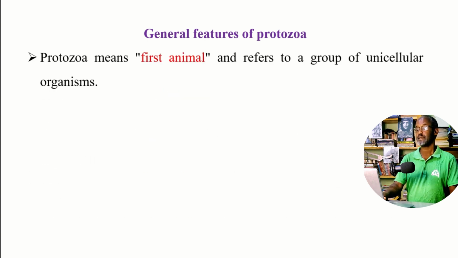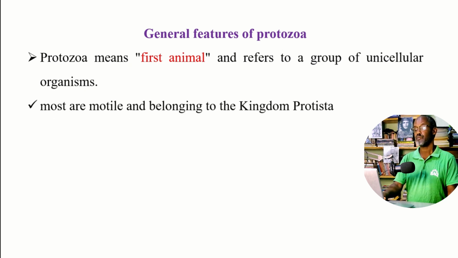Protozoa, we shall start from the term itself, means first animal, and refers to a group of unicellular, single cell organisms, and most are motile. They belong, according to the five kingdom approach, to the kingdom Protista, the most heterogeneous.